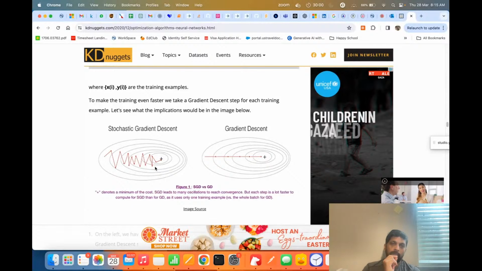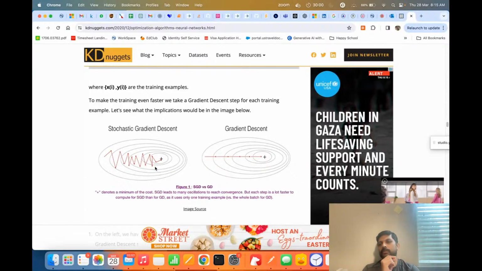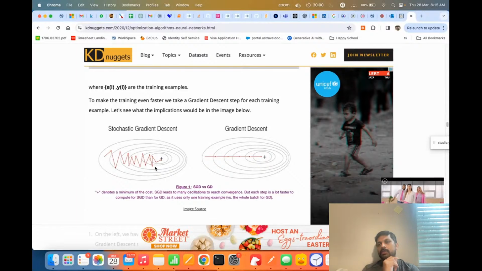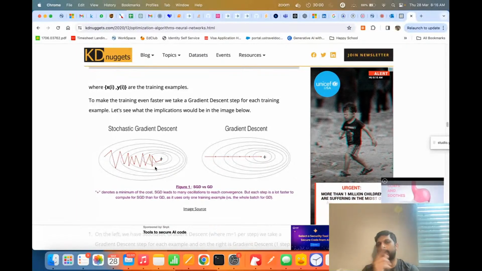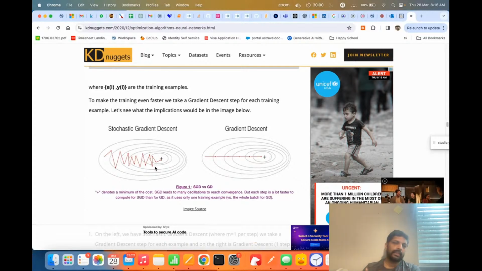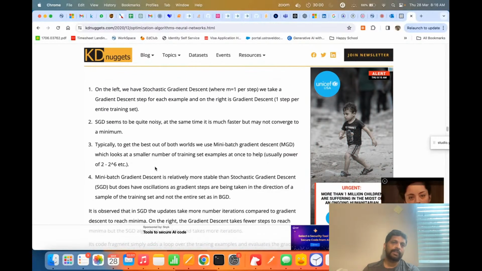But as you calculate all the points, you will end up with gradient descent only. To make your calculation easier, he's doing it this way. But the problem with this, I think he'll give in the disadvantages.